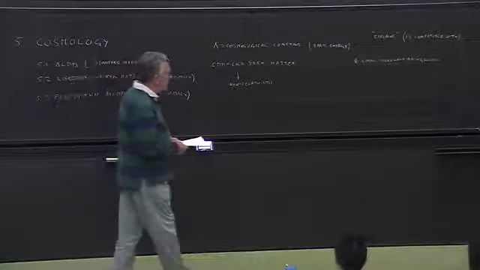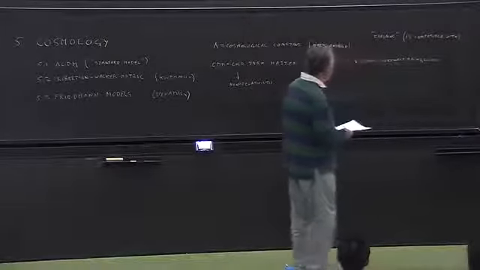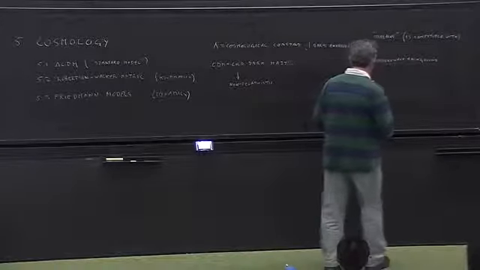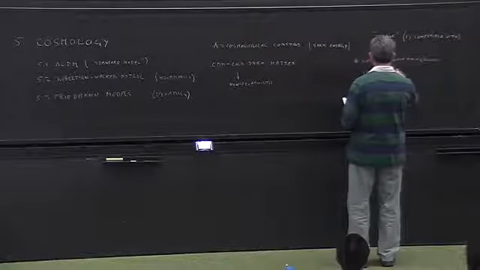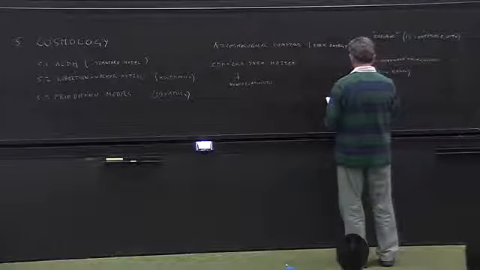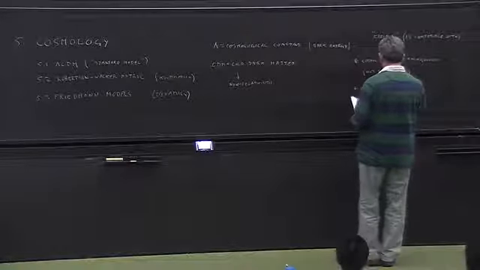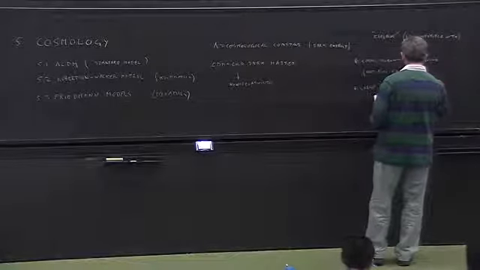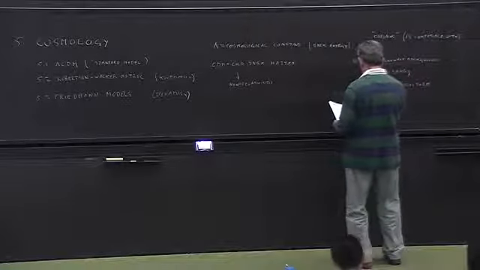And that is incorporated into this model, that there was a hot Big Bang. You want to explain why the galaxies are the way they are. It's compatible with that. There's also the abundance of light elements.